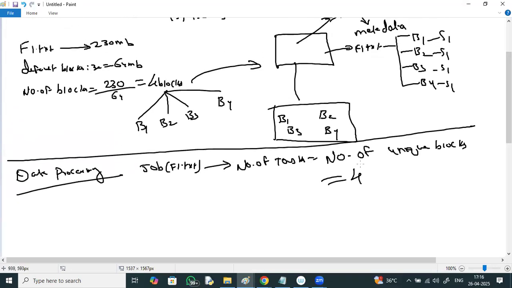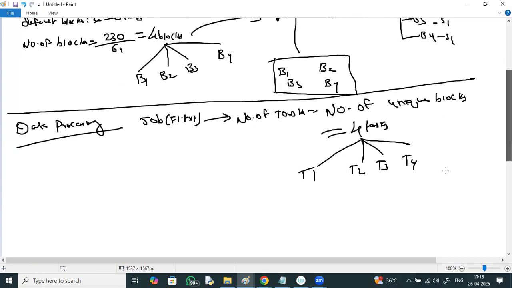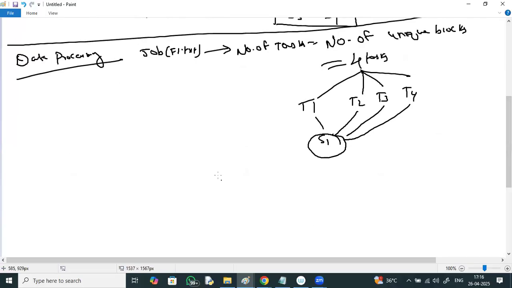So how many tasks? 4 tasks, T1, T2, T3, T4. Who should execute T1? S1 only. T2, S1 only. T3, S1 only. T4, S1 only. So S1 only should execute all 4 tasks.